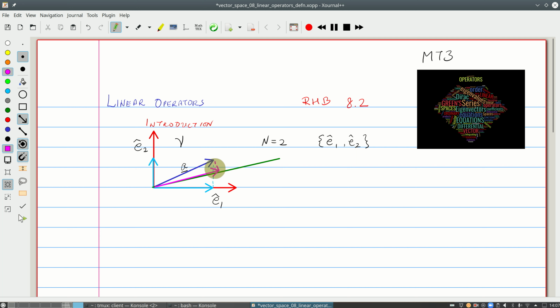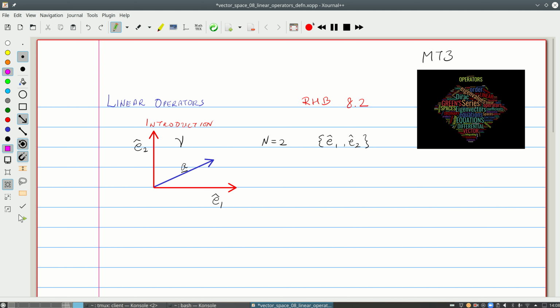Now what a linear operation does is it takes every vector in a vector space and converts it into another vector. Let's have a look at the rotation example we had earlier. So if I go back and just remove these projections from view.